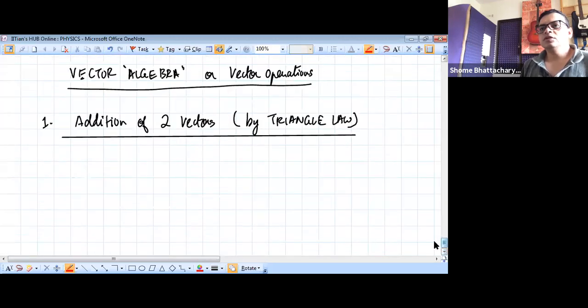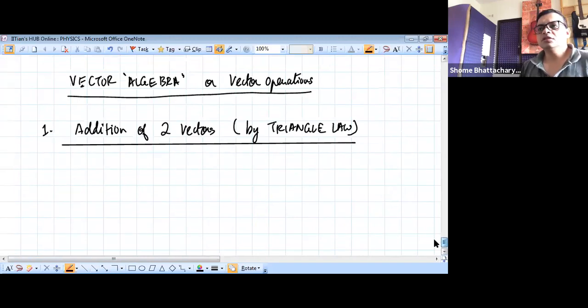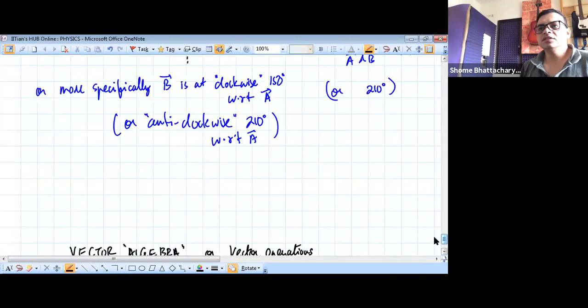Okay. So now let's come to the triangle law of vector addition. So we will first understand this with vectors that are not joined. Supposing, let's understand this with another example.